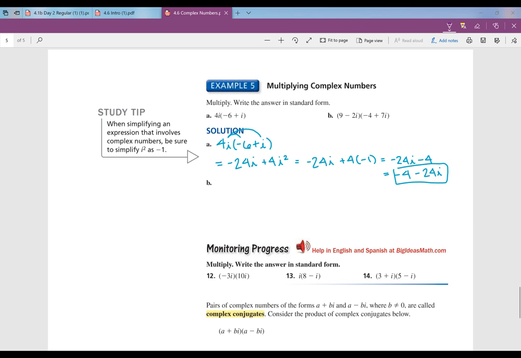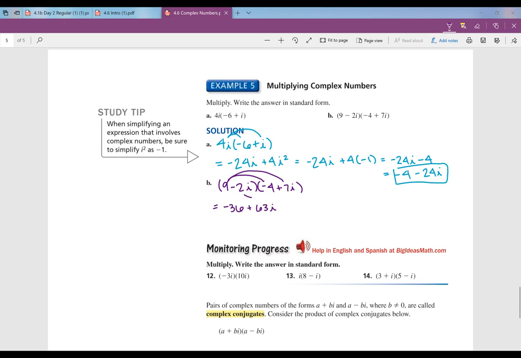Now for part B, we have 9 minus 2i times -4 plus 7i. Again, we're just going to distribute. So our 9 times -4 is going to give us -36. 9 times 7i is going to give us 63i. 9 times 7 is 63.